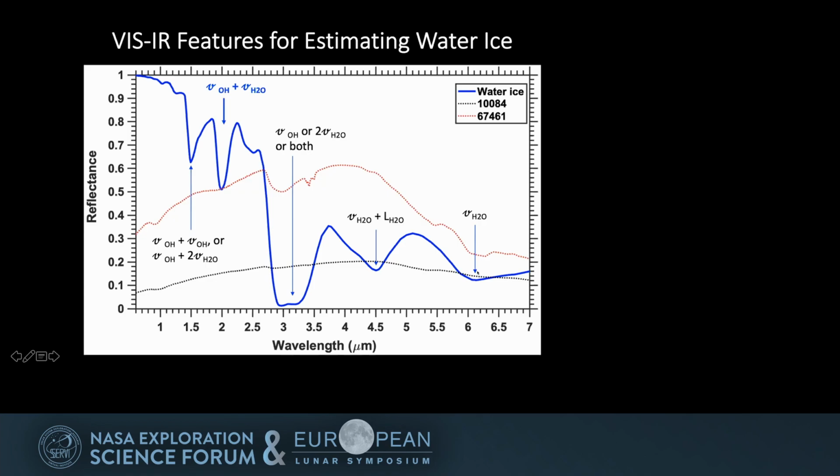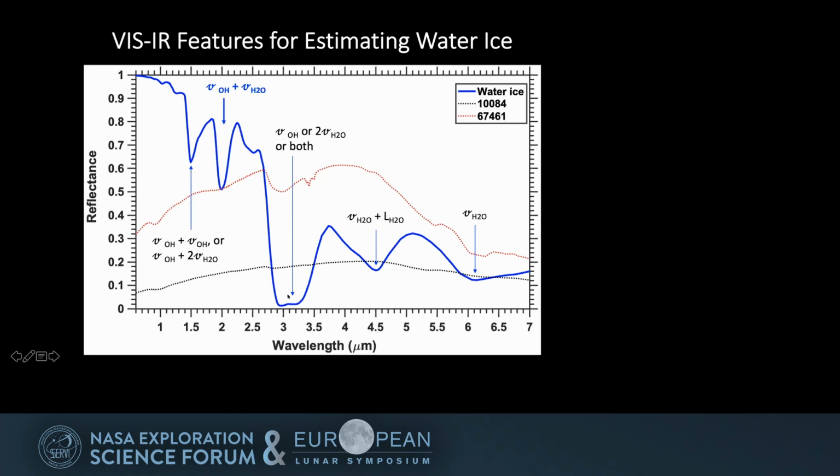The first one is the molecular water bending absorption near 6 micron. It is very sensitive. This is fundamental, so this is very sensitive to the presence of molecular water. And the 4.5 micron absorption is the combination of molecular water bending and also the lattice vibration. They're also very strong.